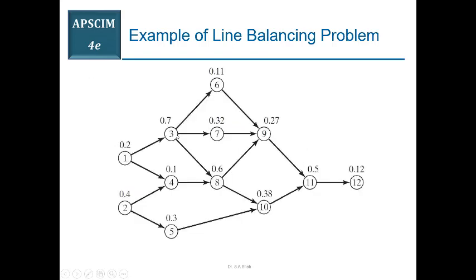So I will make another node which is node number 4, इसके जो predecessors हैं वो operation number 1 और operation number 2 है. So I will make two arrows connecting work element number 1 and 4, and then 2 and 4. ठीक है ना. So 1 और 2 इसके predecessor हैं.